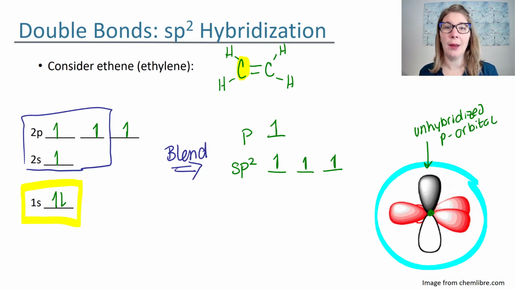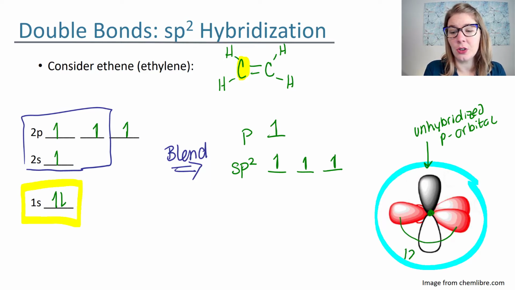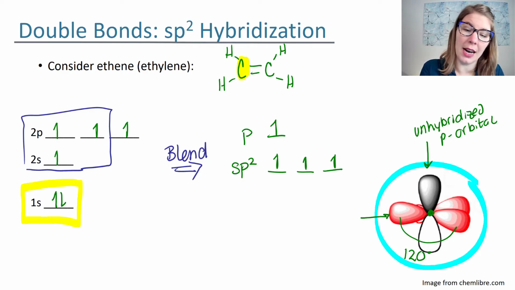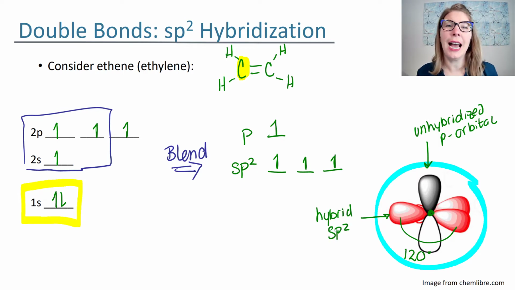And that unhybridized p orbital is still present, it still has an electron in it. Then the red orbitals are going to be your 3 hybridized sp2 orbitals. And it's difficult to see in the picture, but they're meant to be 120 degrees apart. So these are your hybrid orbitals that are sp2. Let's look at how these come together to make ethene.